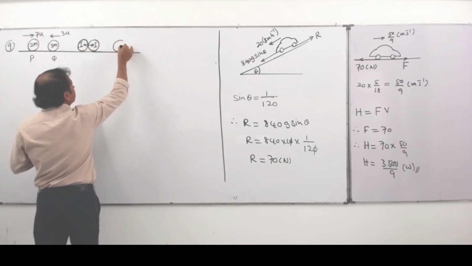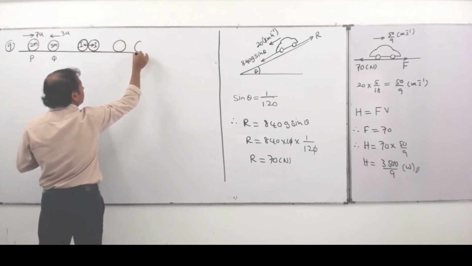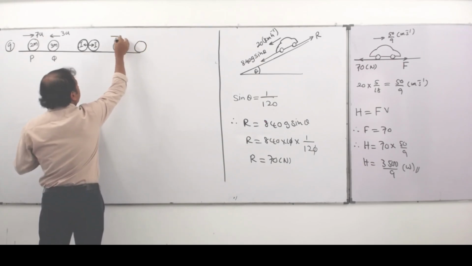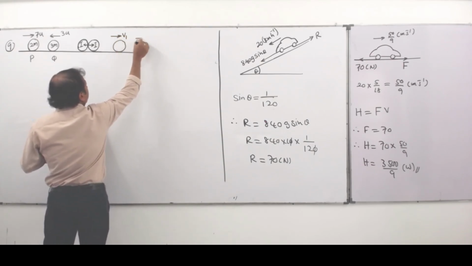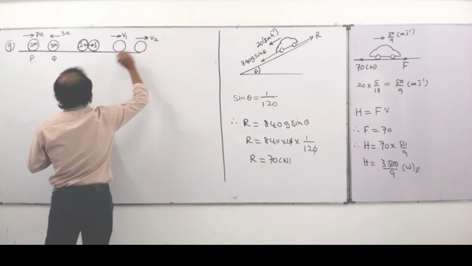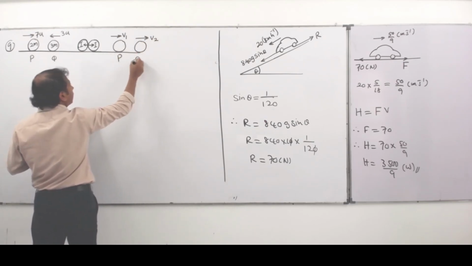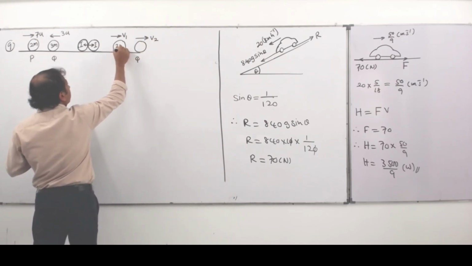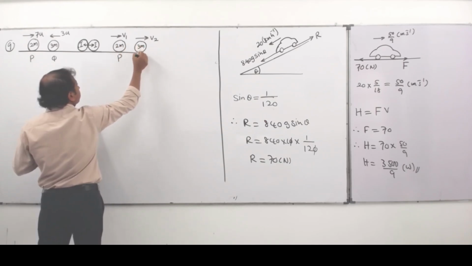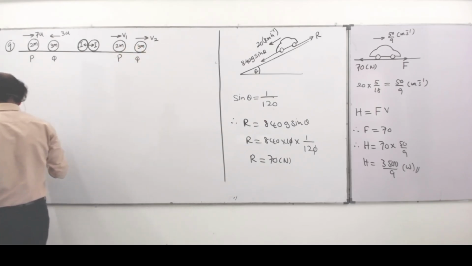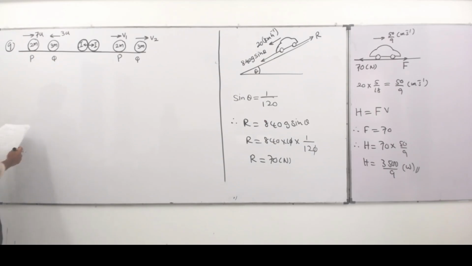Then after the collision, suppose they begin to move with velocities v1 and v2. This is P, this is Q, 2m, 3m. First we can apply conservation of linear momentum rightward.